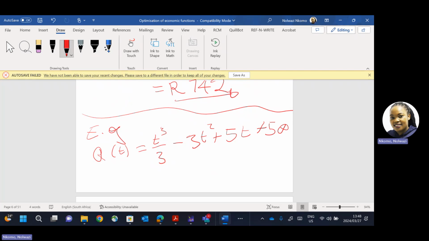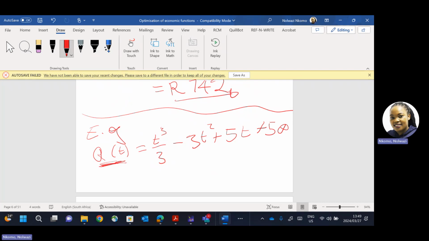You need to find the turning point of Q and determine whether Q is at maximum or at minimum. Remember, to determine the values at the turning point, you need to differentiate Q. Then you equate it to 0.